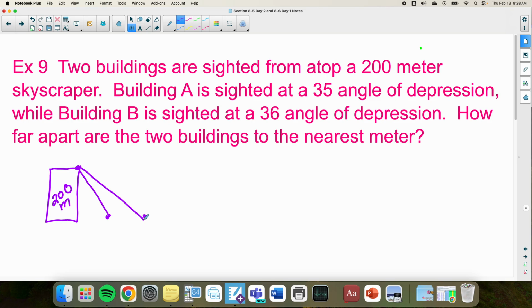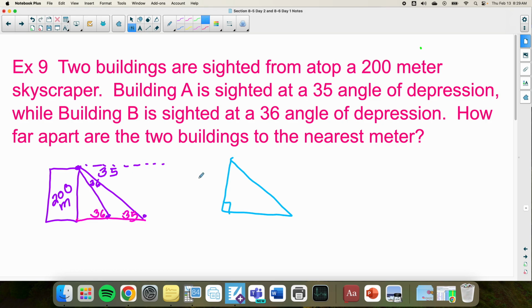And you're looking down on these two buildings, and what you truly have is these two angles of depression, one of them 35, one 36. What I would do is close these buildings in like this, and put the 36 here and the 35 here. So you're going to end up having two triangles again.